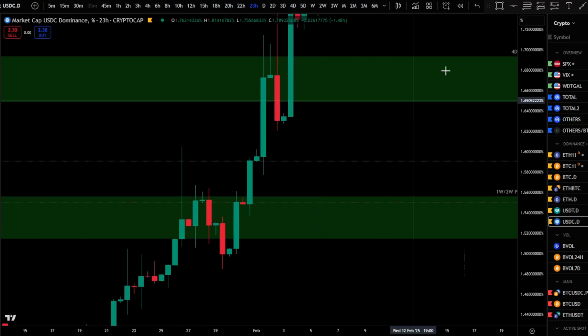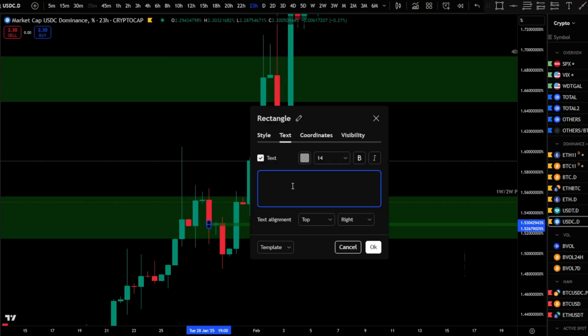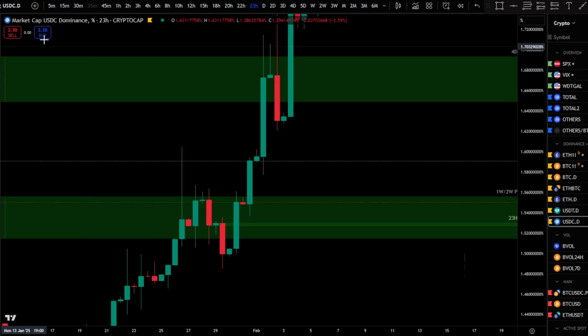So yeah, here's a decent level. That will be quite interesting to see it bouncing off of here. Which would probably maybe coincide. No, it doesn't coincide. Okay.